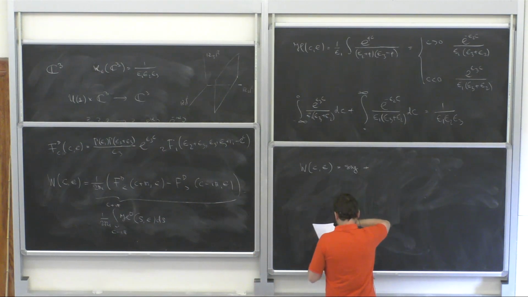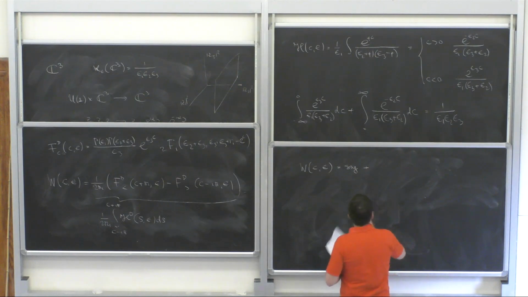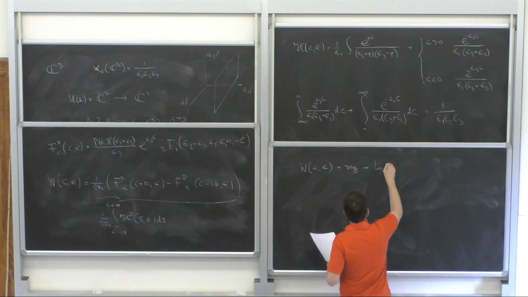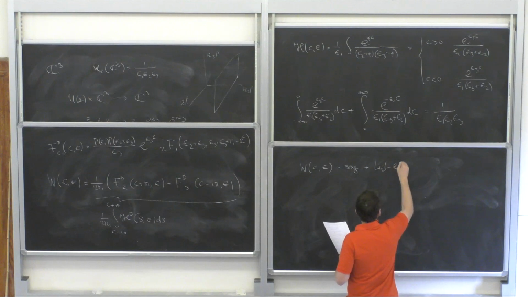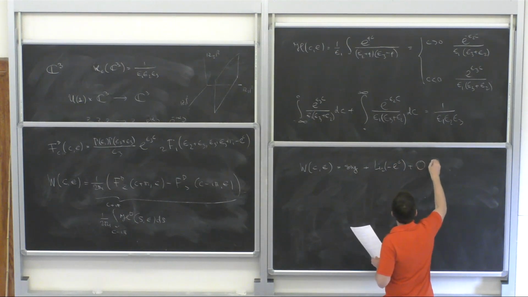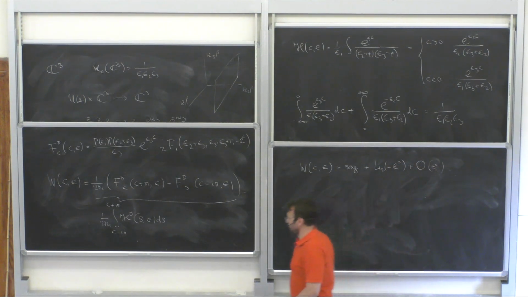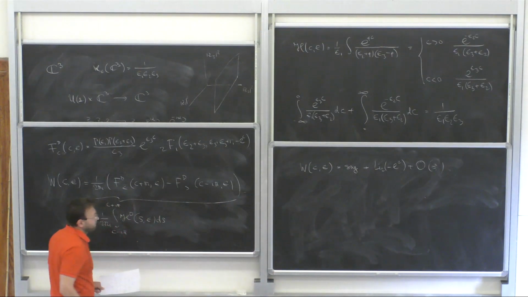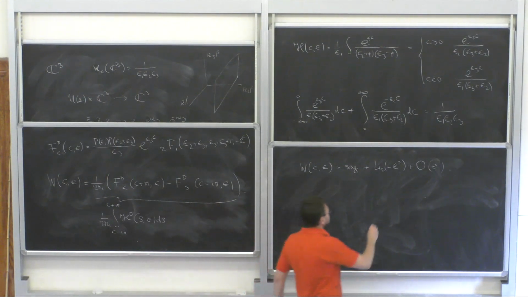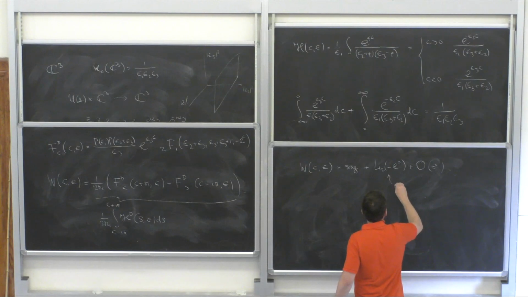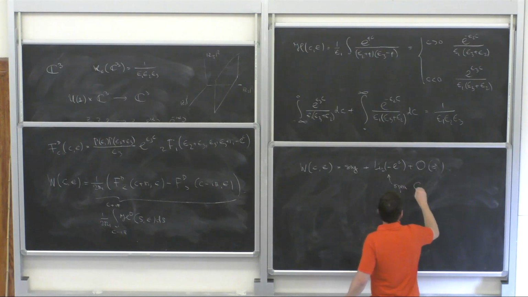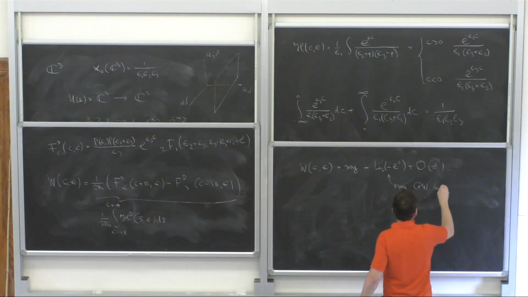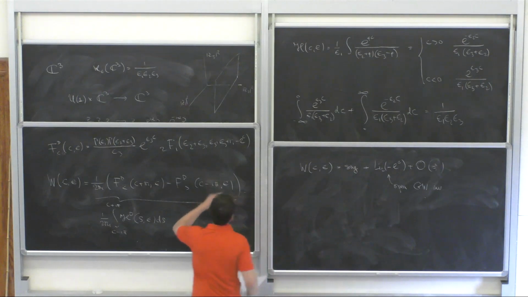And what do you get as the regular part? You get this object, Li2 of minus e^c, plus terms of order epsilon. So this is open stuff. These are open Gromov-Witten invariants associated to certain toric branes.